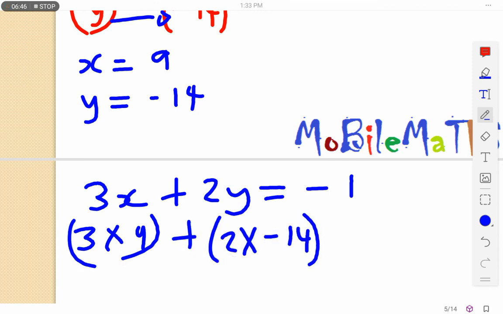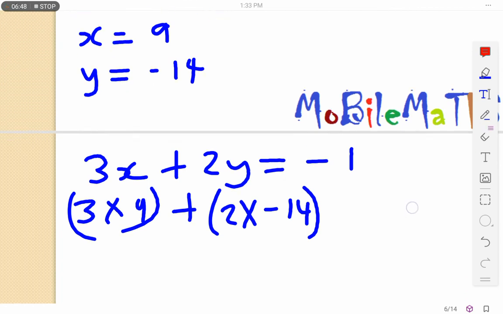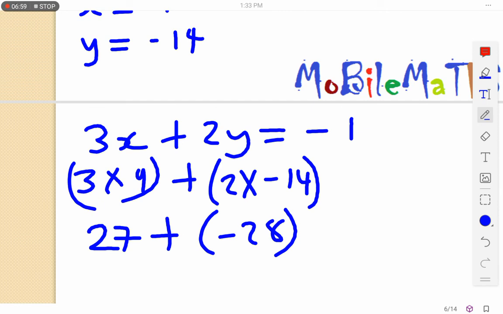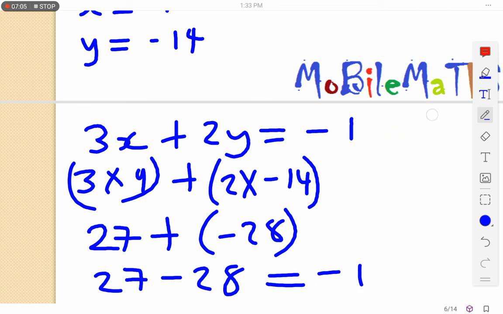That gives 27 plus minus 28, which is 27 minus 28, and this is equal to minus 1. So it's true. That's how we solve it.